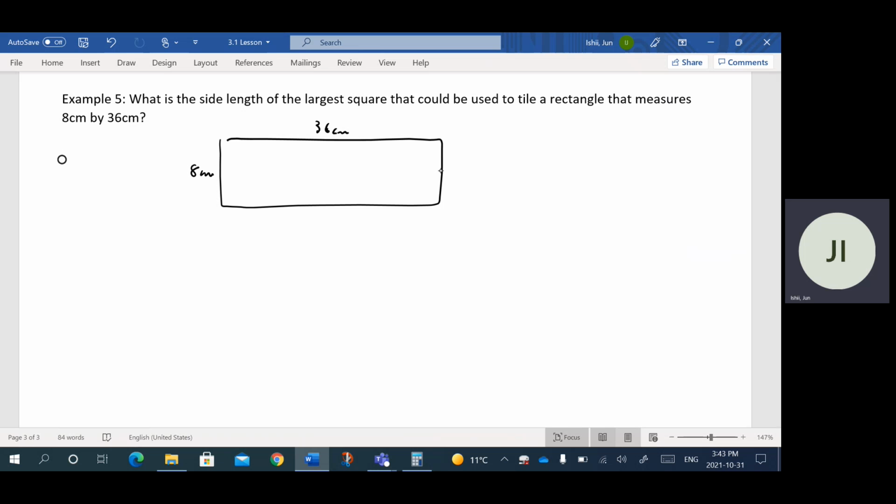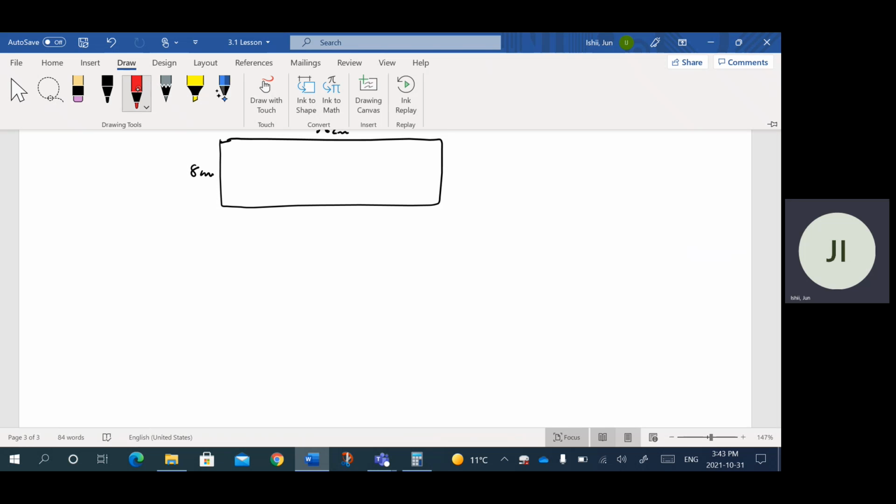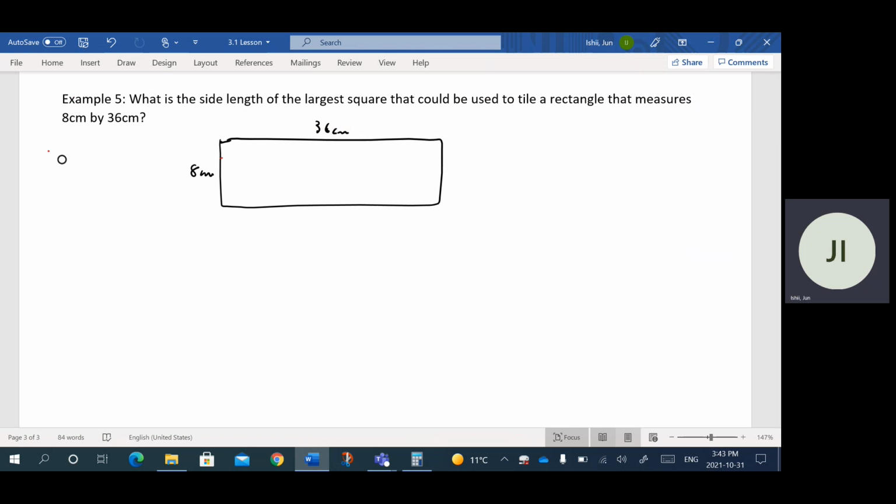This is the final product. And so what we want to do is use square tiles, all the same length. What's the largest square that we could possibly use?